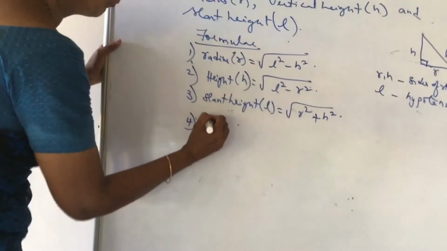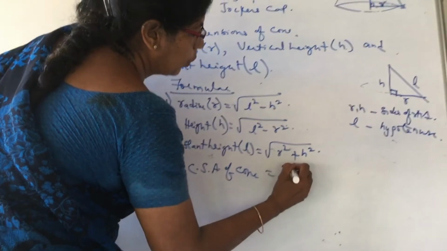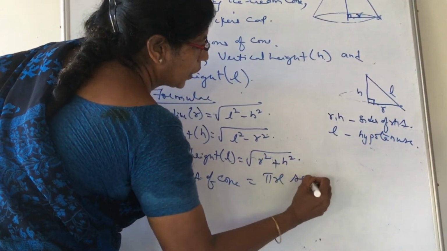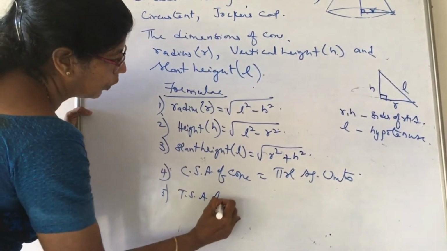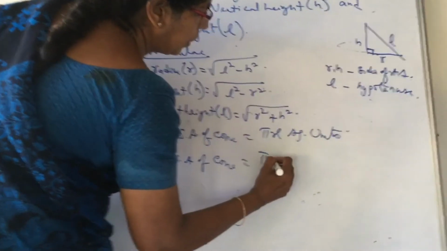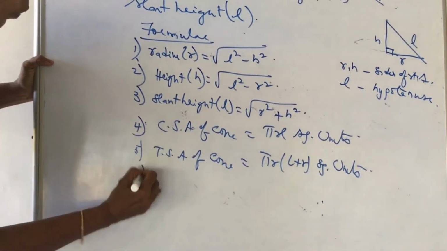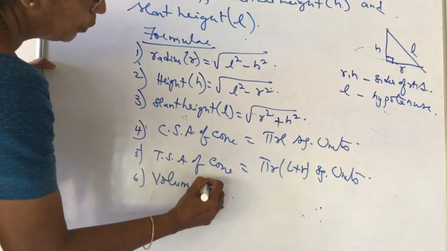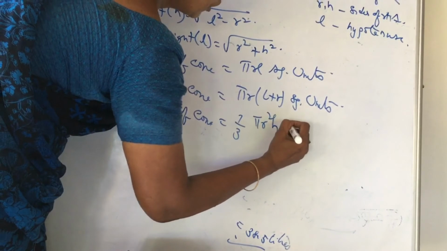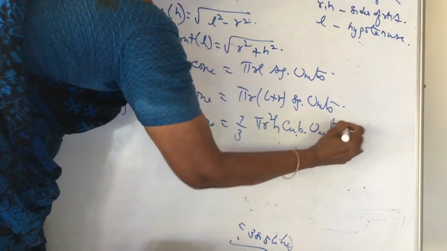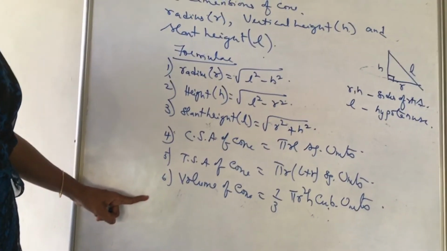And coming to CSA of the cone, curved surface area, it is pi r l square units. TSA of the cone is pi r into l plus r square units. And volume of the cone is 1 by 3 pi r square h cubic units. These are the formulas for the cone.